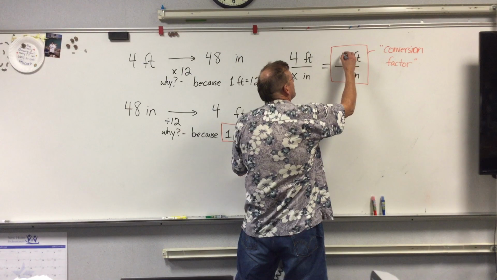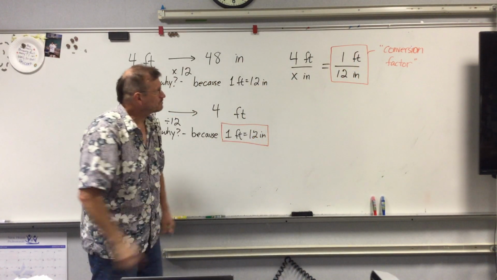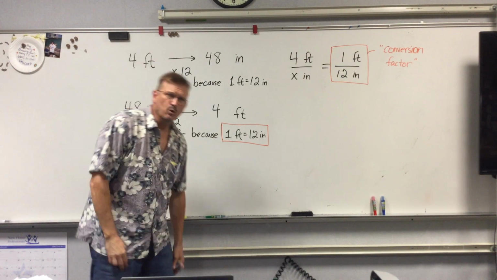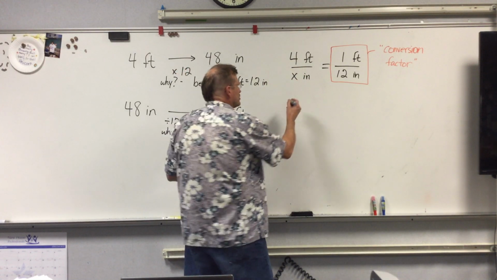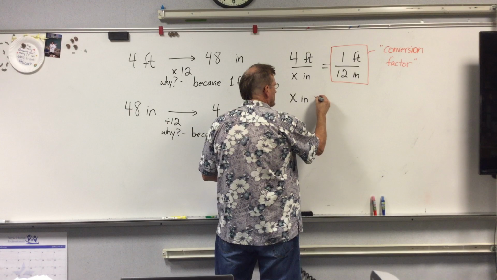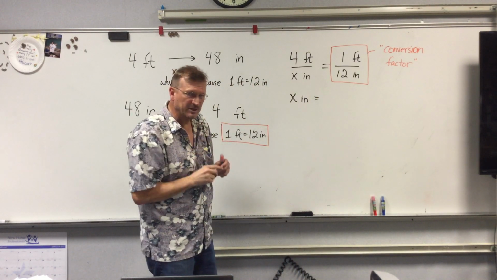So I end up putting that together, and then what I'm going to do is I am going to rearrange this so that it says X inches equal. Now, here's where I'm going to take you through this.